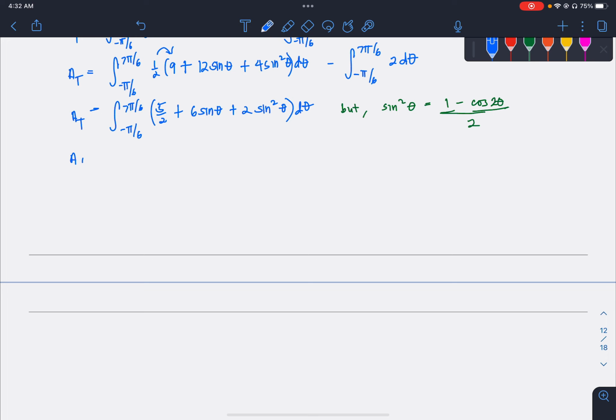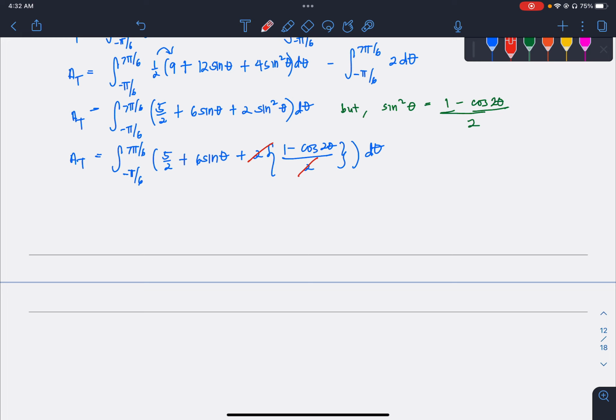So we substitute, from negative pi over 6 to 7 pi over 6: 5 over 2 plus 6 sine theta, plus 2 multiplied by 1 minus cosine 2 theta all over 2, d theta. The 2 and 2 cancel out, leaving us with 1 only.